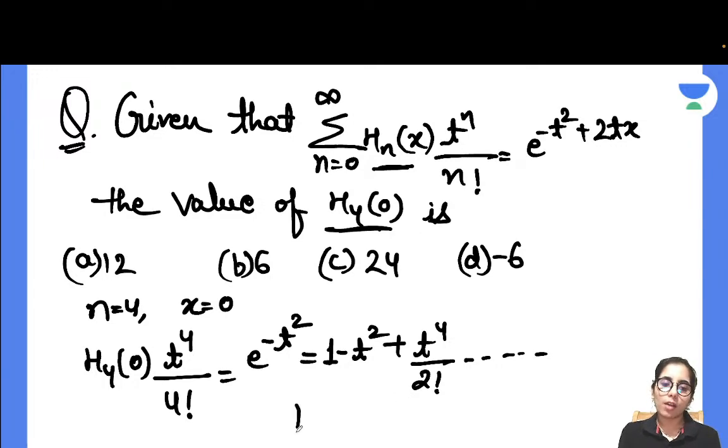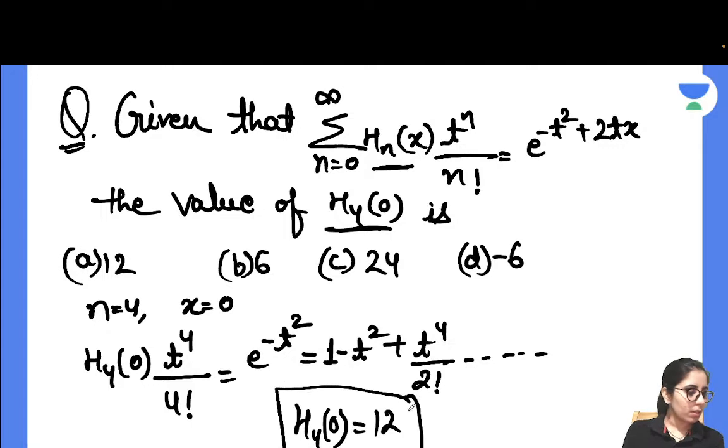So we are simply comparing the coefficients of t to the power 4 on both sides, and you will be getting 12, right? Because factorial 4 and factorial 2 in the denominator, after cross multiplying, give you 12. That's it. This is how you get the final answer.